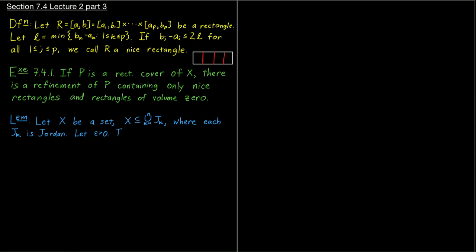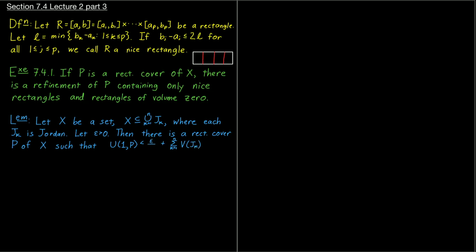And the conclusion is that then there is a rectangular cover P of X such that the upper Darboux sum of 1 over P, that's the thing you have to take, remember, if you're trying to show that X is a Jordan set and find its volume, is less than epsilon over 2 plus the sum of the volumes of the Jordan sets.